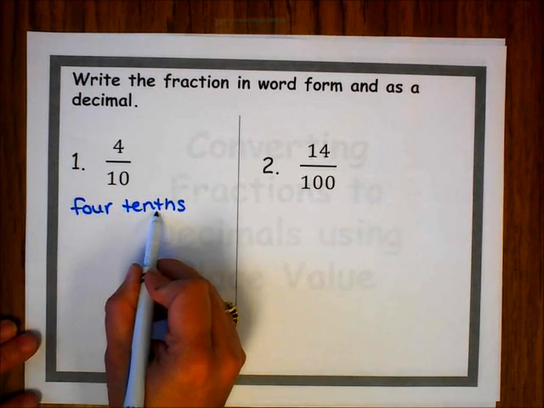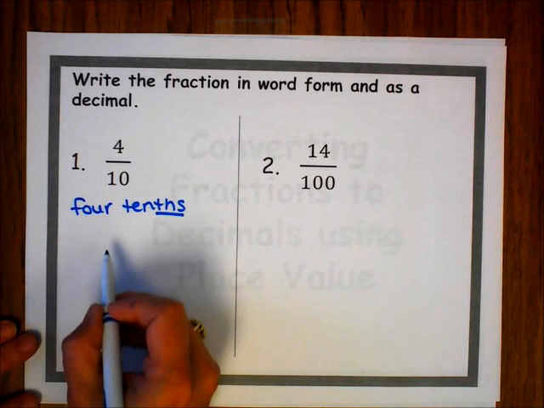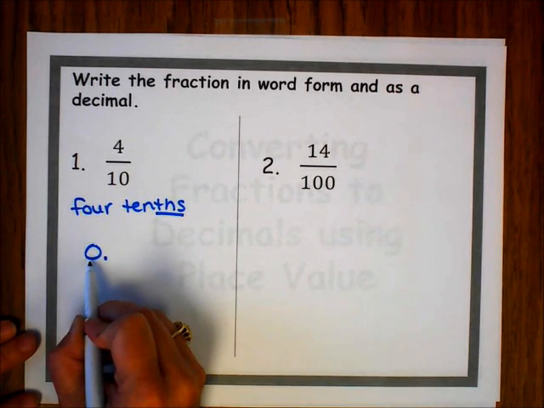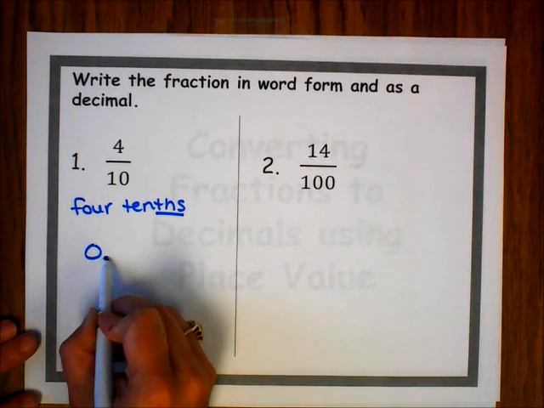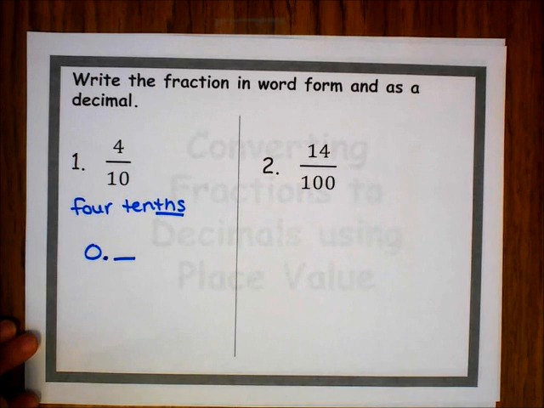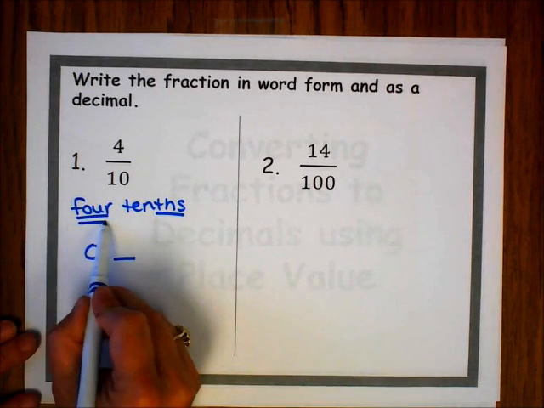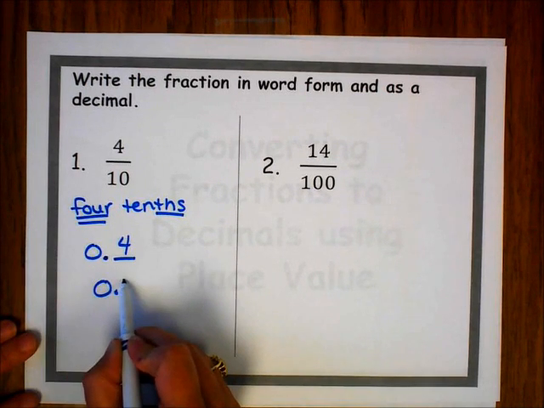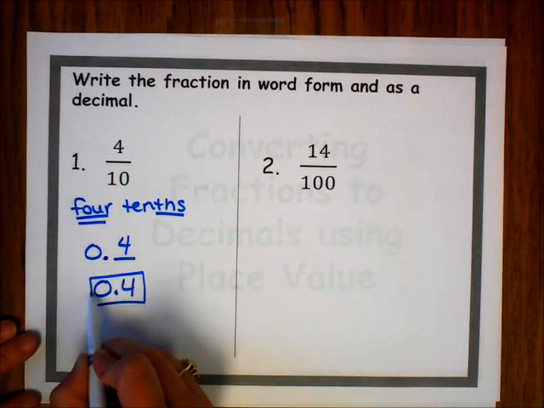I know that since it has tenths, it comes after the decimal. So I'm going to start with the 0 for a placeholder in the ones place if there's no whole number. Put my decimal, and then the tenths place as one place behind the decimal. I have the number 4 to fill in, so 4/10 as a decimal is 0.4.